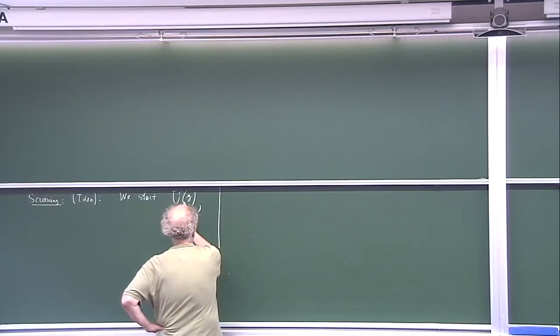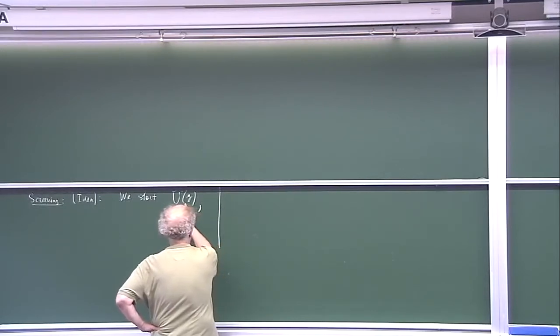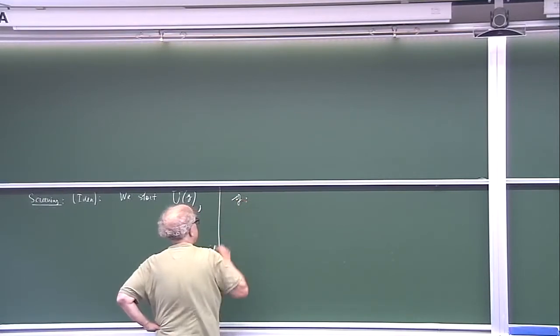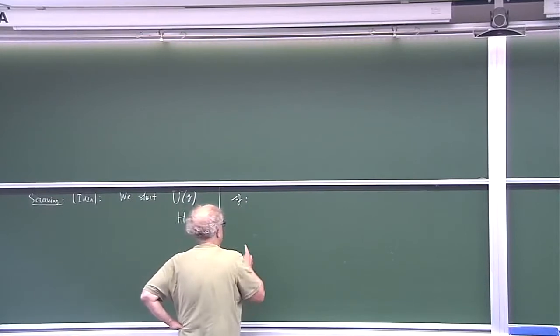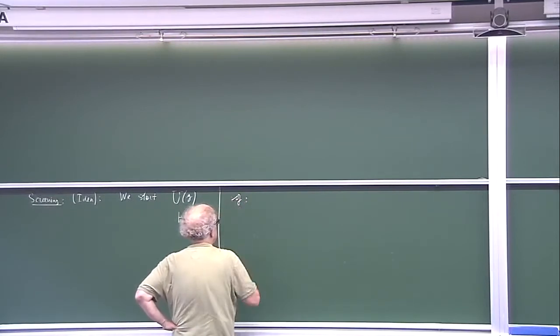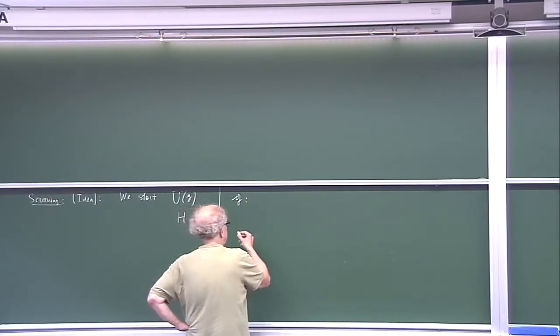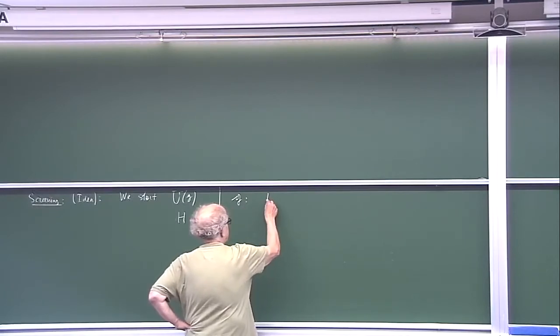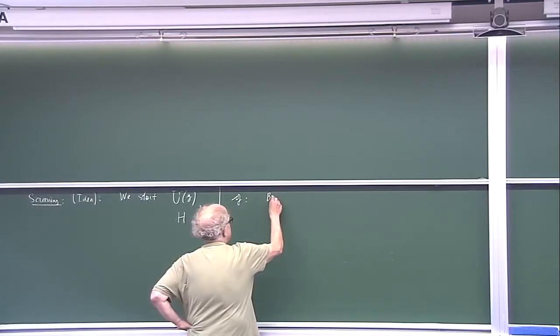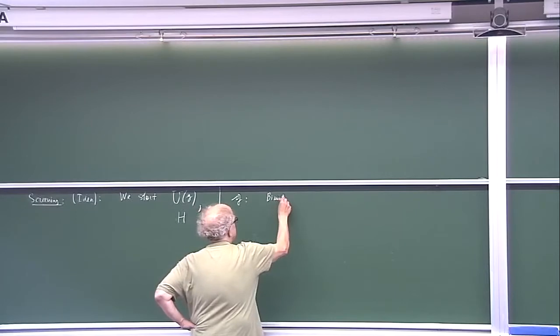I take the universal enveloping algebra of G and the adjoint representation, and from this adjoint representation I produce some bimodule.